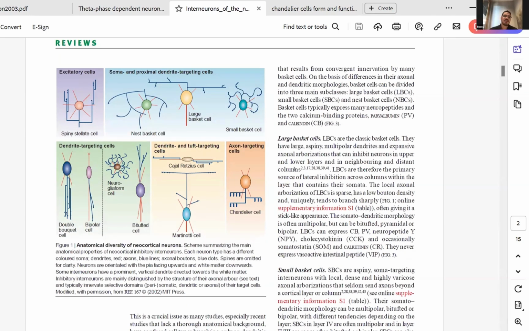So we expect the soma and the proximal dendrite targeting cells to have a higher inhibitory effect than the other dendrite targeting cells. Well, it has a different effect. If you inhibit the soma, you're basically preventing the cell from firing at all, right?